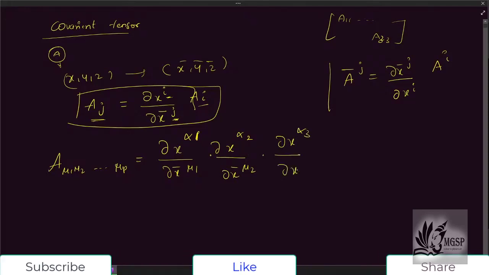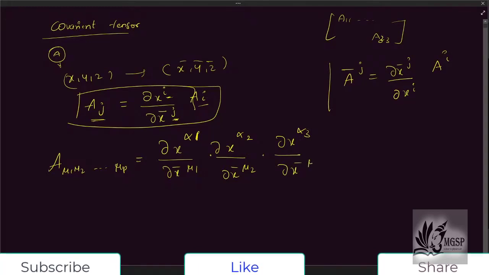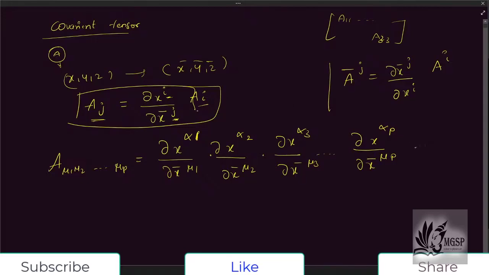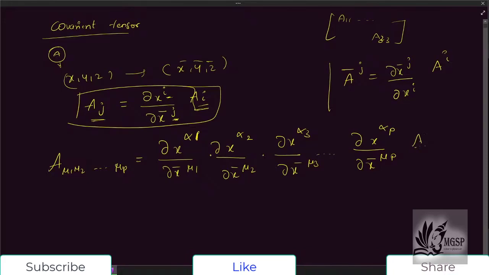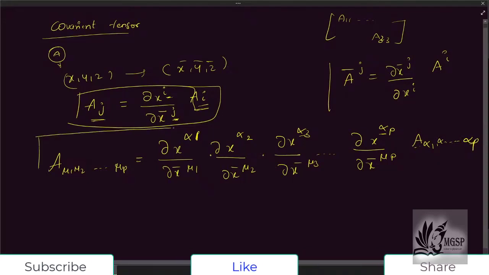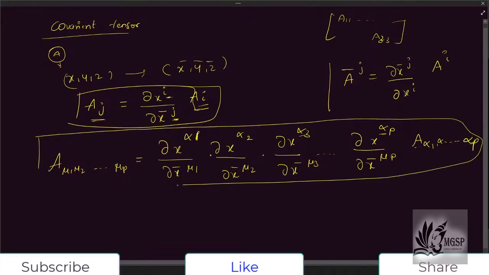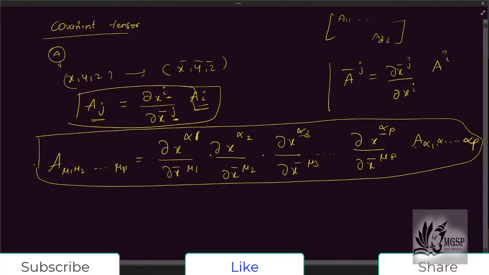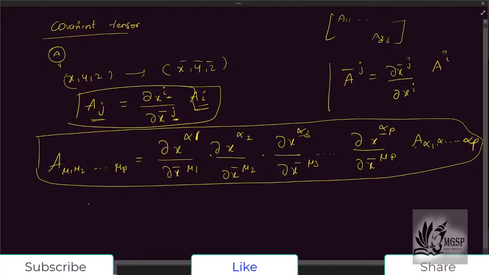I think you are getting it now. Next, how will we write this term? A of alpha1, alpha2, and so on up to alpha p. This is the general representation of a covariant tensor. What is an example of this?